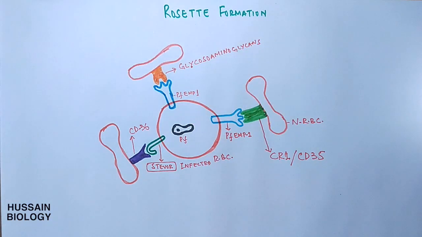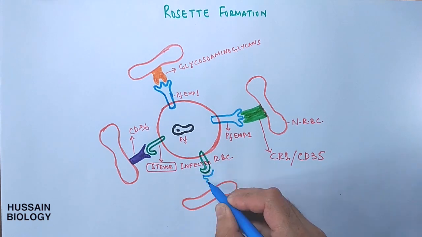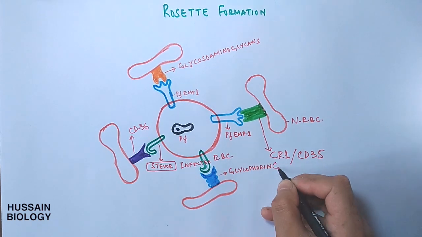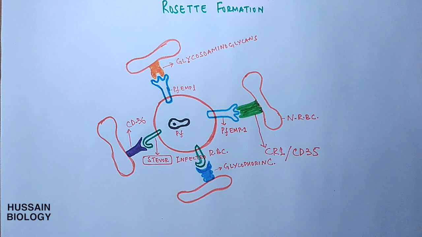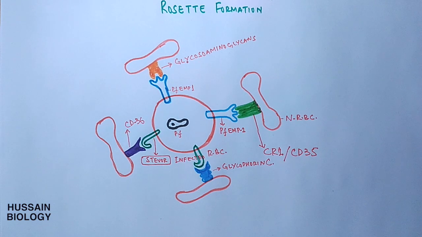Then this STEVOR binding protein also shows affinity for glycophorin C protein on the RBC surface. So by showing these interactions, the normal RBCs surround the infected RBC, thus creating a rosette-like shape. So we call it Rosette Formation. This is how the Rosette Formation takes place inside the blood circulation. This Rosette Formation will also lead to the occlusion of the blood vessel.